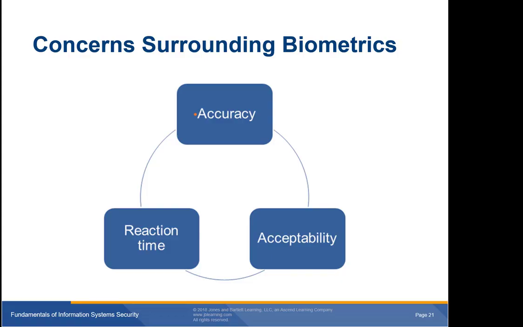Next is acceptability. Certain biometric measurements, such as retinal scans, are more objectionable to some users than other biometric measurements, such as signature dynamics. It is important to note that if users are not comfortable using the system, they may refuse to submit to it. And finally is reaction time. Each biometric device requires time for the system to check an identity and give a response.